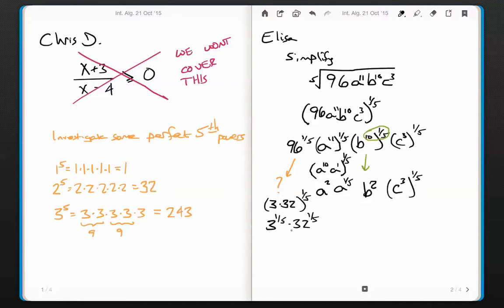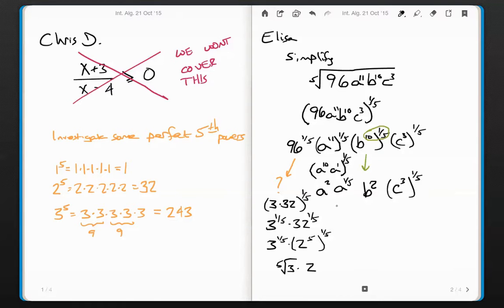Right? Well, I know 32 to the 1/5 is 3 to the 1/5 times 2 to the 5th to the 1/5. So this really equals 3 to the 1/5, or the 5th root of 3, times, well, this just becomes 2.